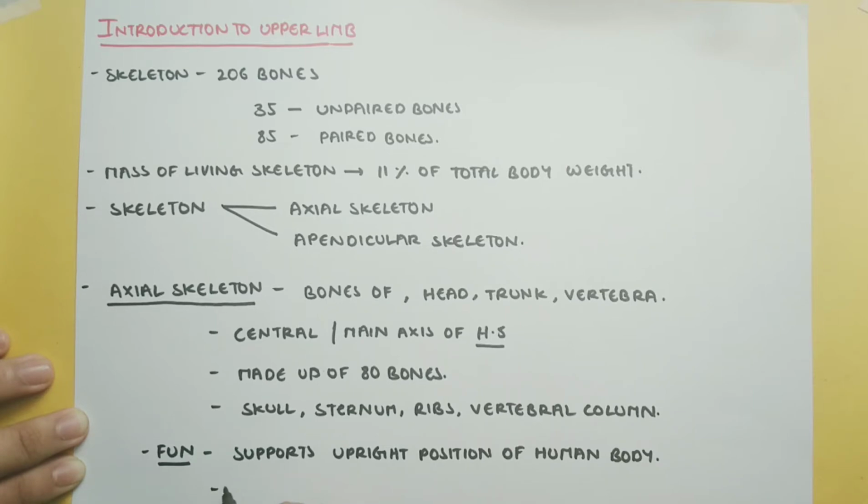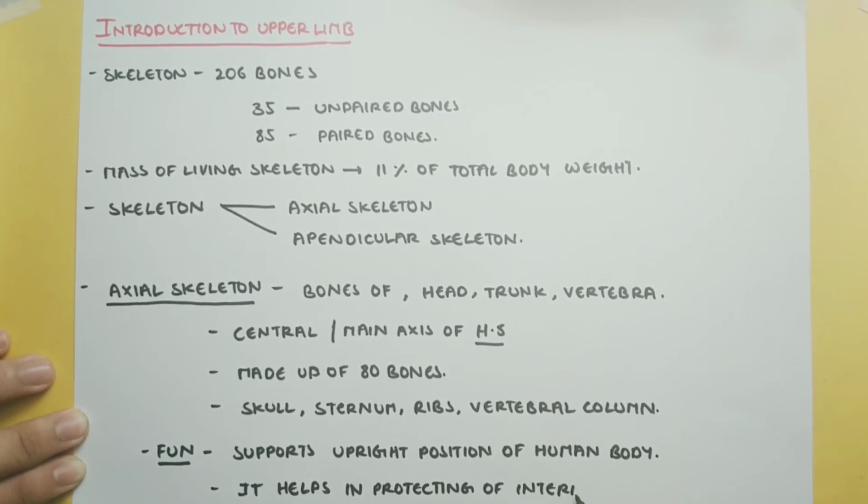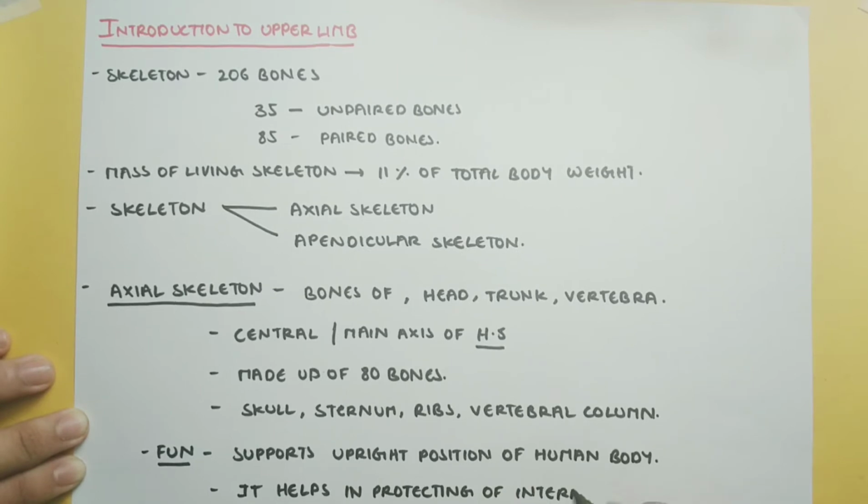And the next one is it helps in protecting internal organs. Example, ribs help us to protect the lungs.